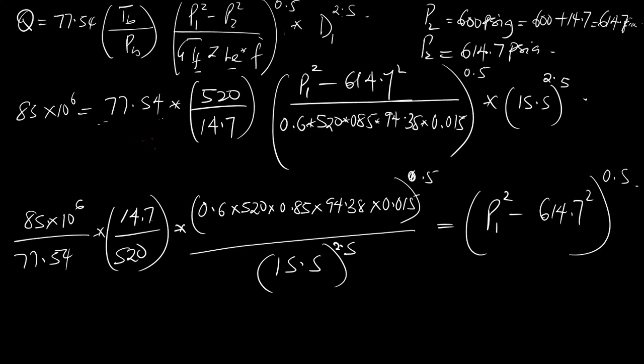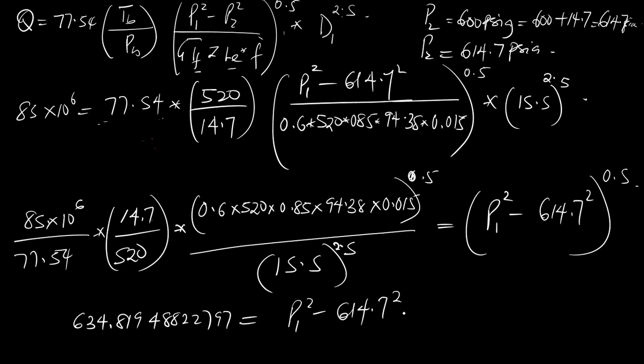So we have the whole of this expression to be 634.81922797, equal to p1 square minus 614.7 square, all raised to power 0.5.